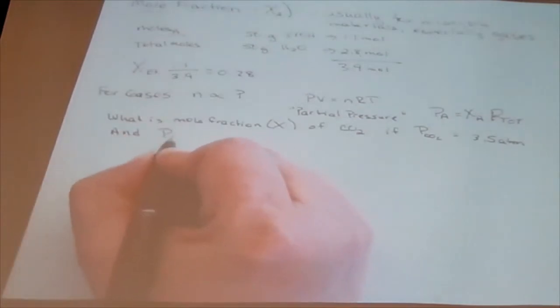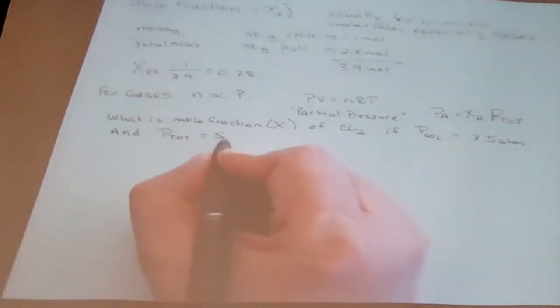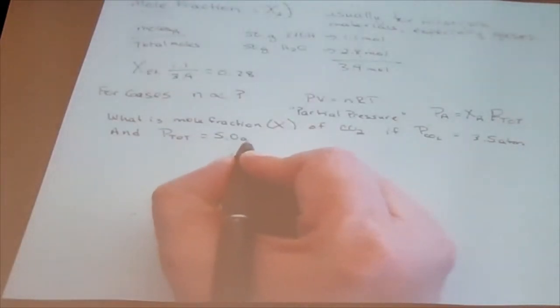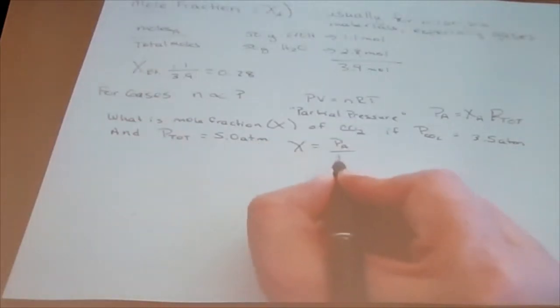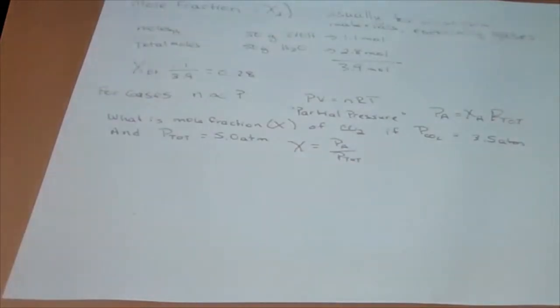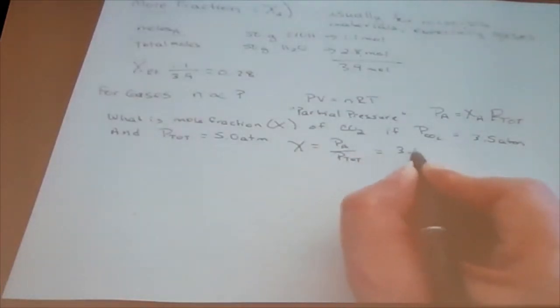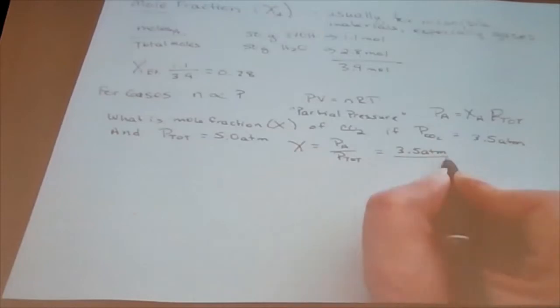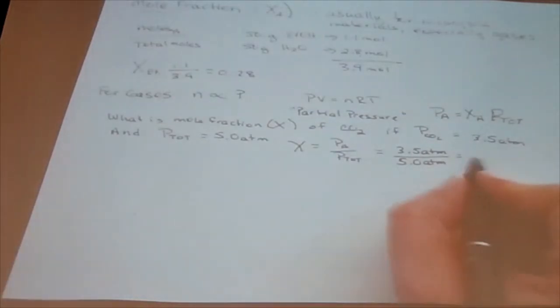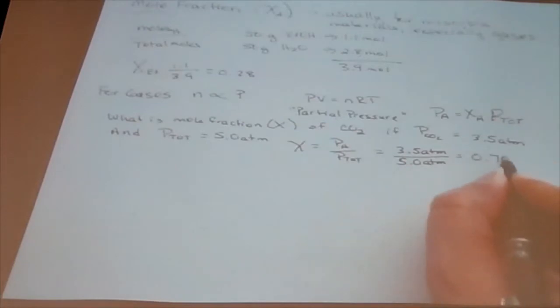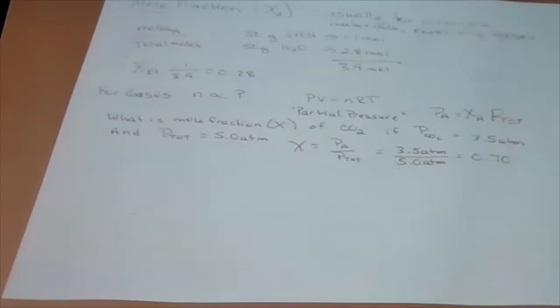And the total pressure is equal to 5 atmospheres. So I can say chi is equal to the partial pressure over the total pressure. The same way I would say moles over total moles. And so I would have 3.5 atmospheres divided by 5 atmospheres. I can't do that in my head. And again, no units because I'm dividing atmospheres by atmospheres. Okay.